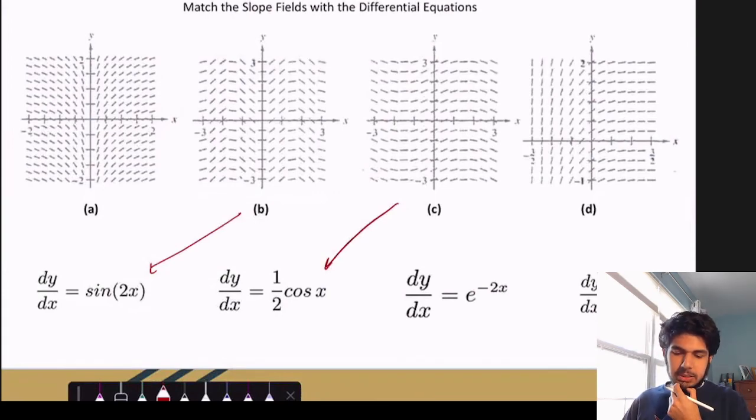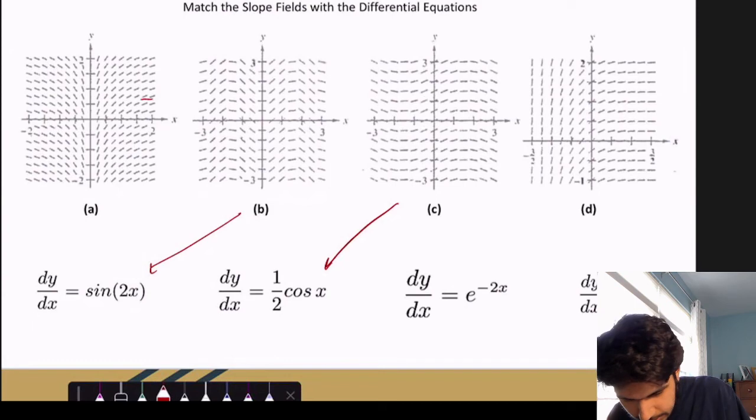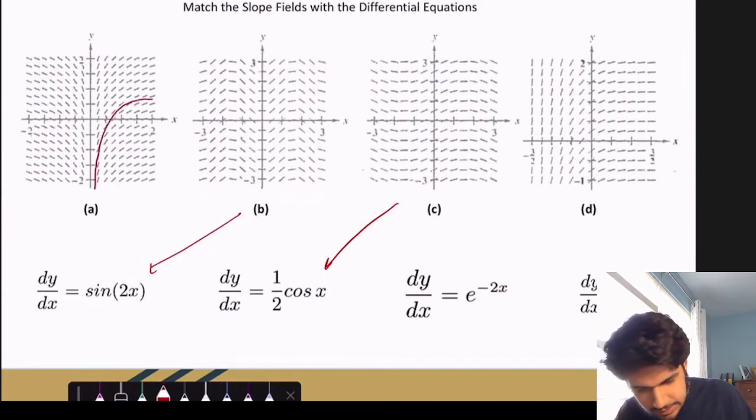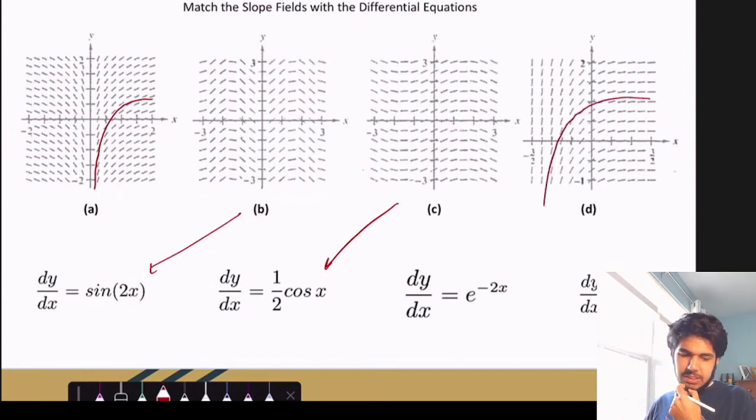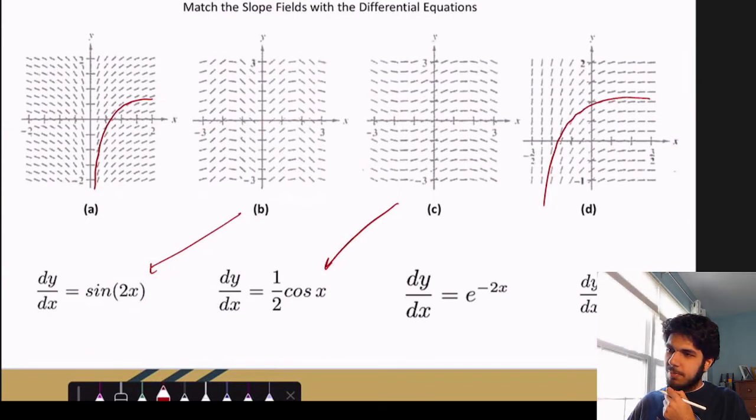So now we come down to A and D. We can try to graph what these look like here. This looks like that, and then D looks something like this. So they're kind of similar to each other, but it's kind of hard to tell which is which.